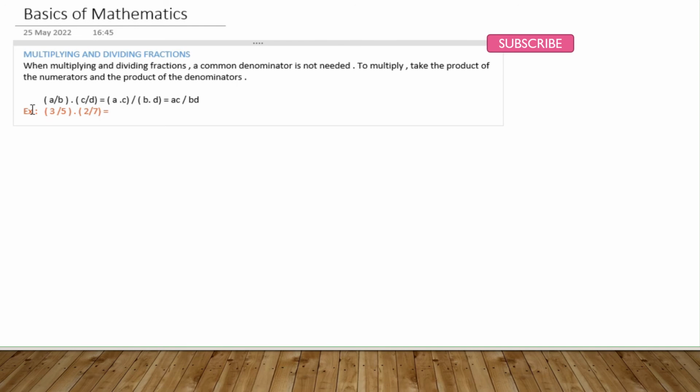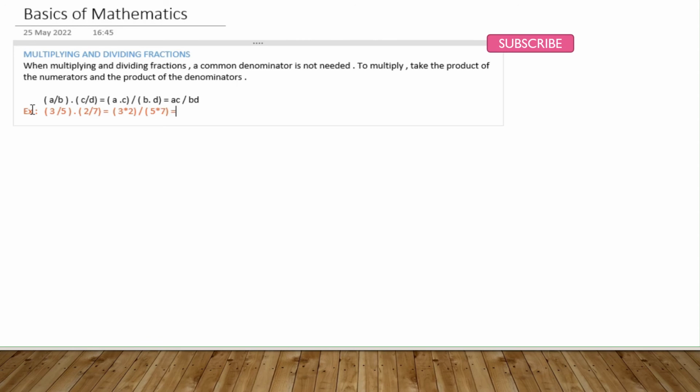That is equal to 3 into 2 divided by 5 into 7.